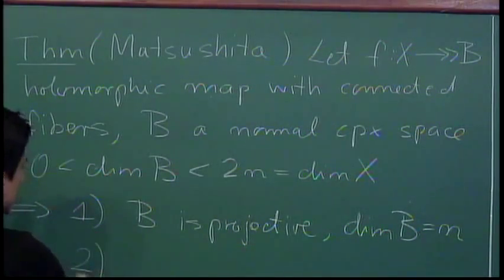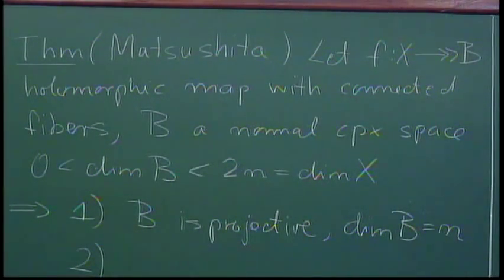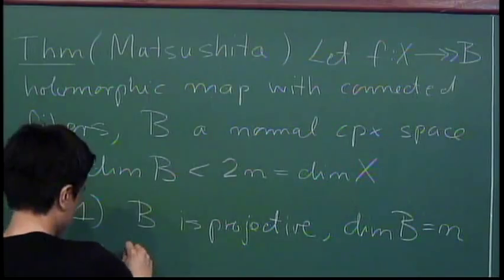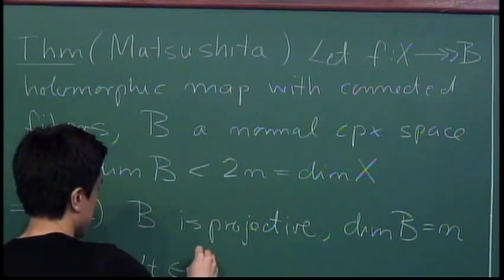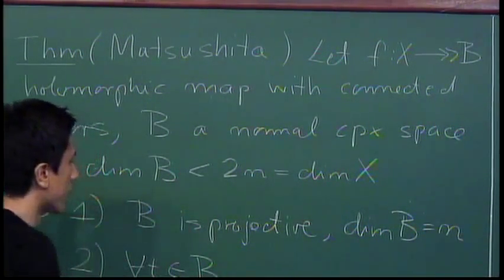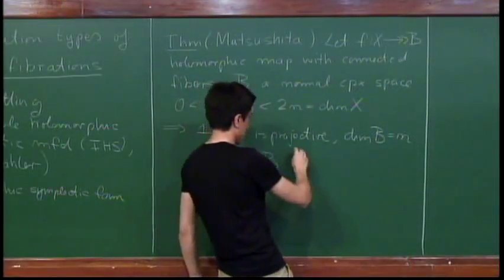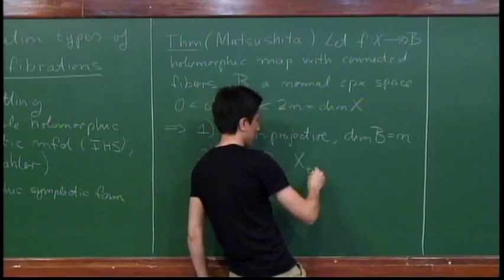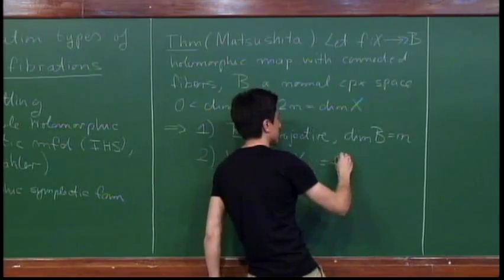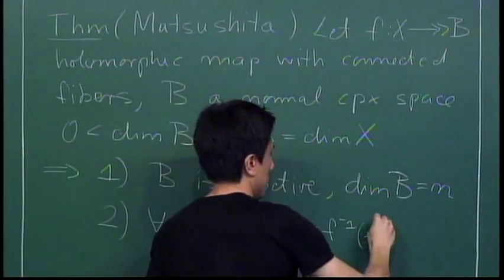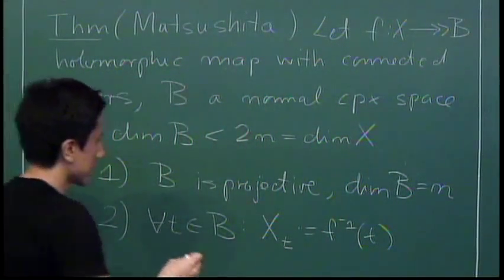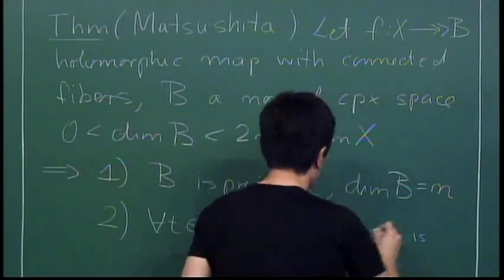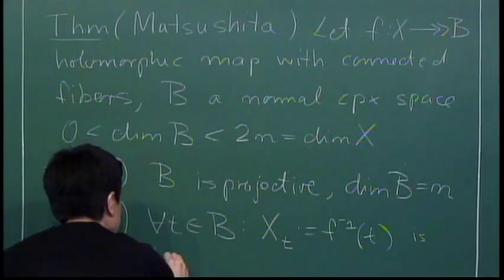So now comes the Lagrangian part. If we consider the fibers of f, so X_t, which should be just the fiber over t, then this is a Lagrangian subspace.